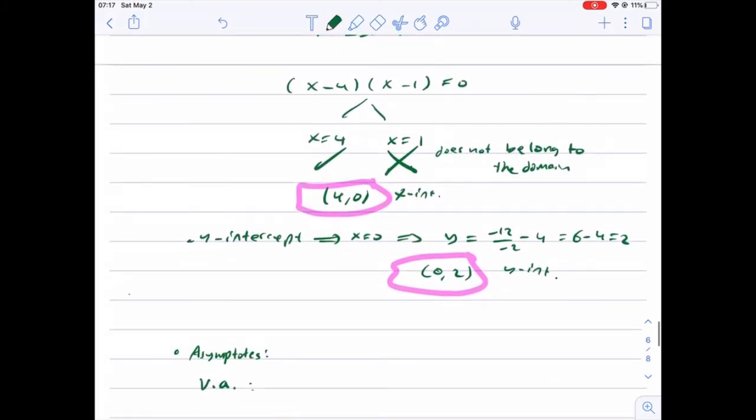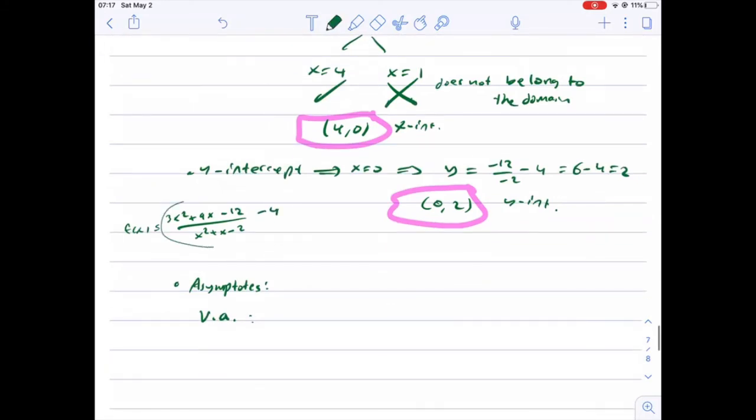So our function is f of x equals (3x squared plus 9x minus 12) over (x squared plus x minus 2), all minus 4. So we need to simplify this to write it in the lowest form first. So this becomes 3 times, we can take 3 as a common factor. As you can see, this is a common factor, or a factor of the numerator.